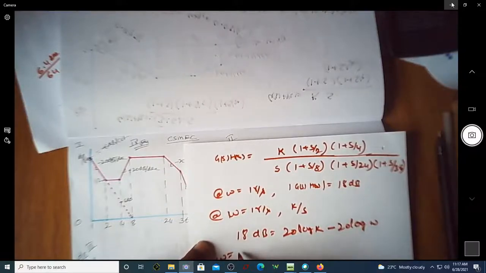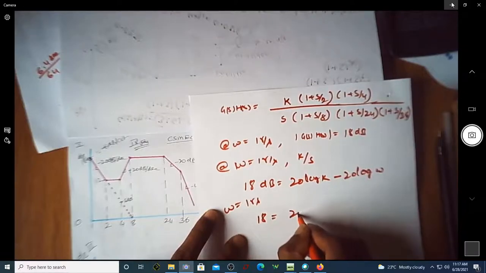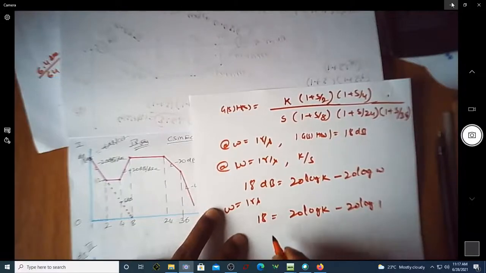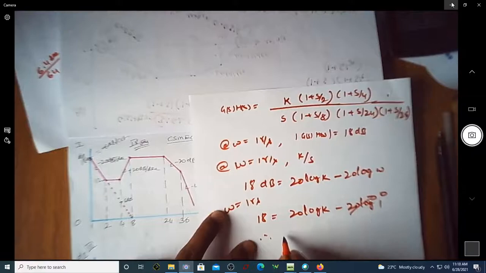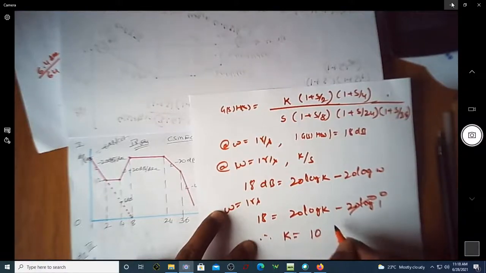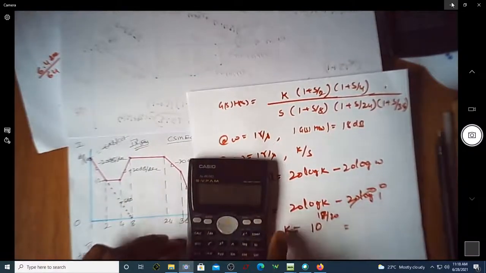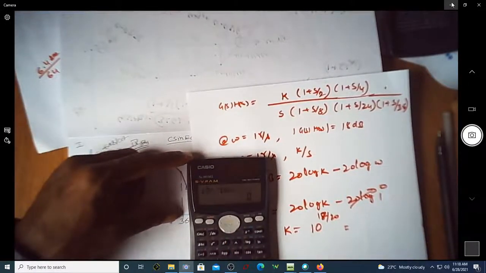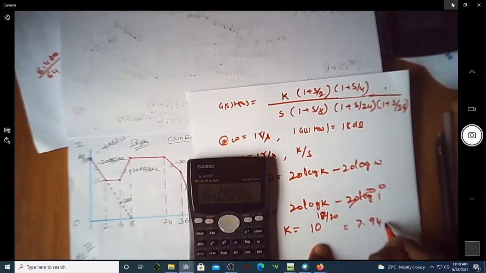Since omega is equal to 1 radian per second, I can write 18 is equal to 20 log K minus 20 log 1, and of course this goes to 0. Therefore K is equal to 10 to the power of 18 by 20, which comes out to be 7.94.